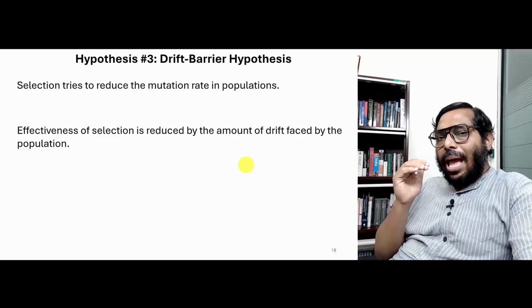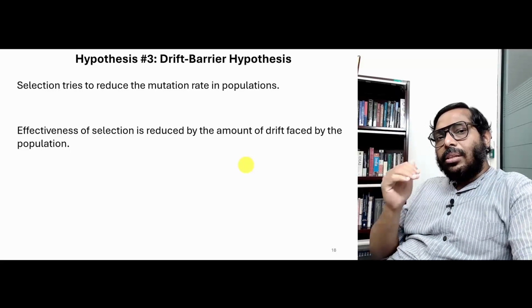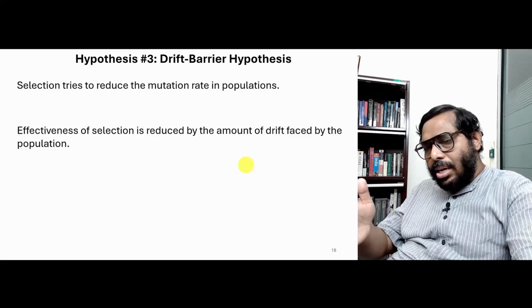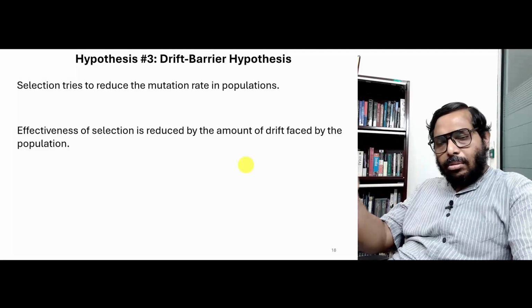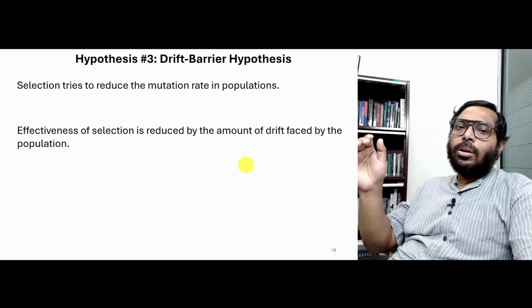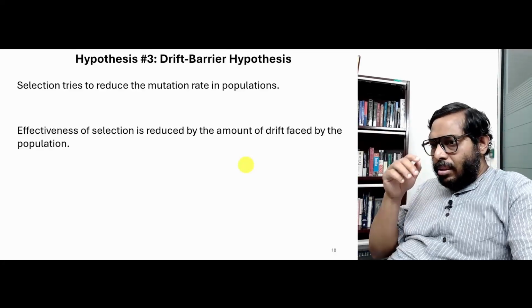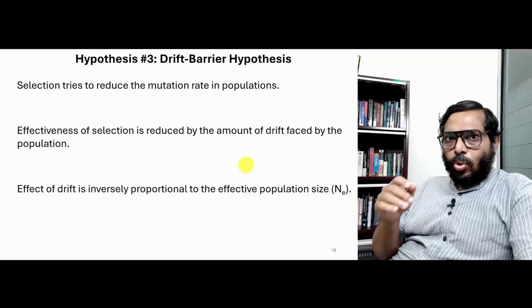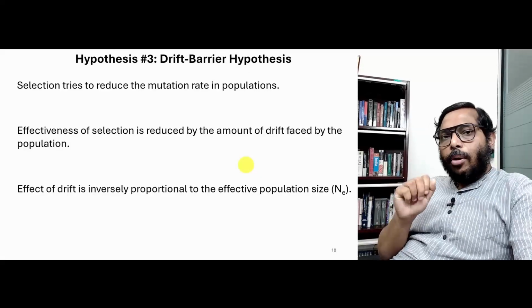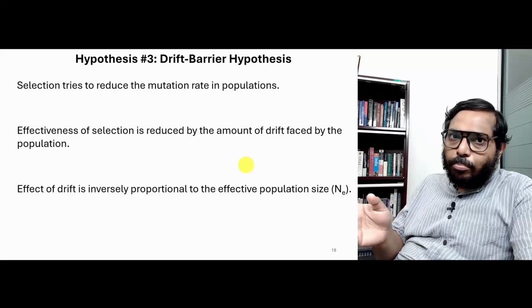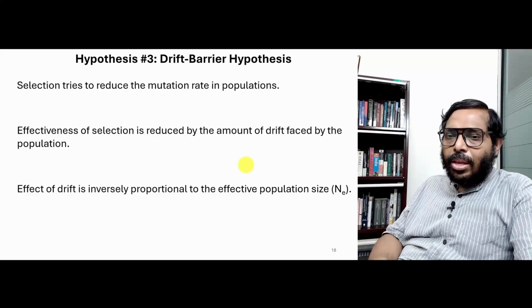If you have high drift, then selection's ability to, let us say, increase or decrease the frequency of some alleles is going to be compromised. We also know that how much drift a population is experiencing is inversely proportional to its effective population size, the so-called NE.